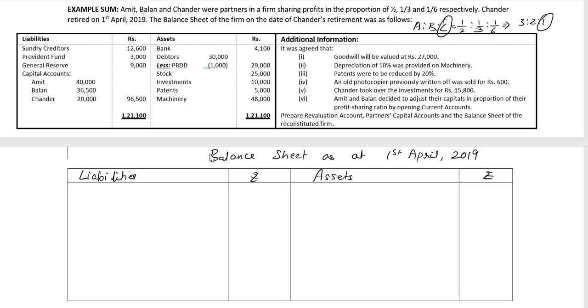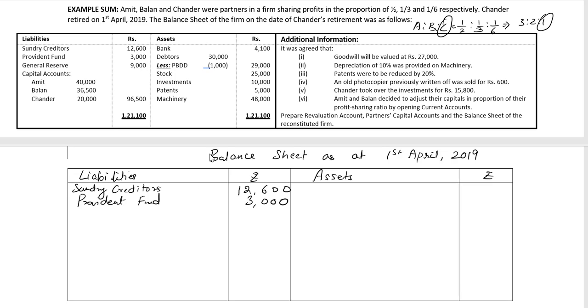We'll begin with the liability side items. Sundry creditors, no change in value, 12,600 rupees. Provident fund, again no change in value, 3,000 rupees.